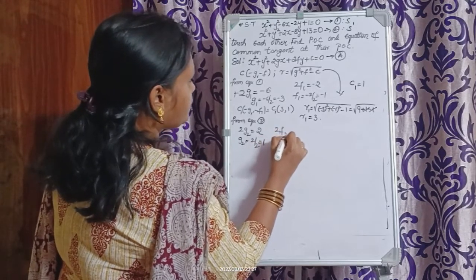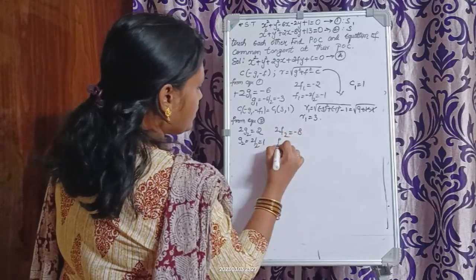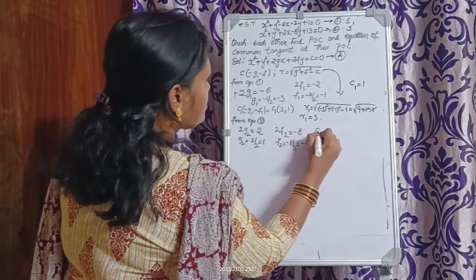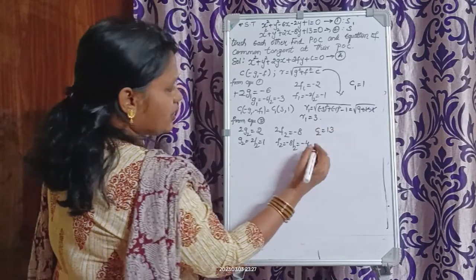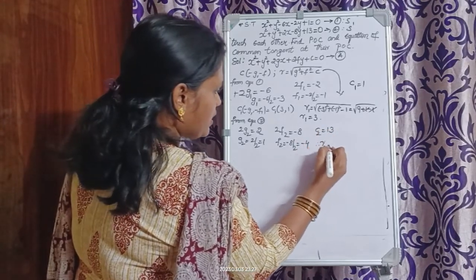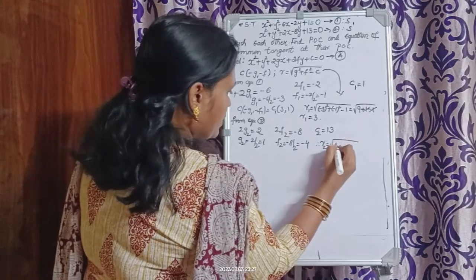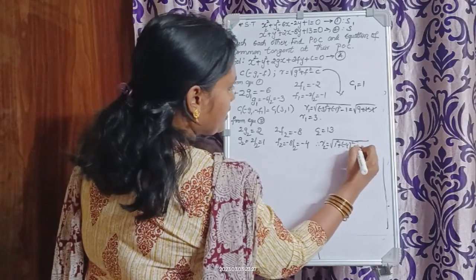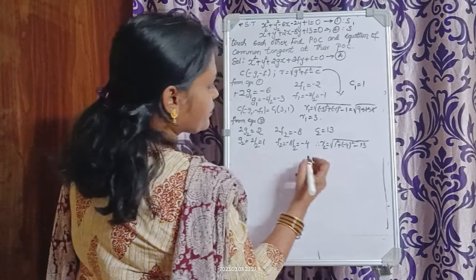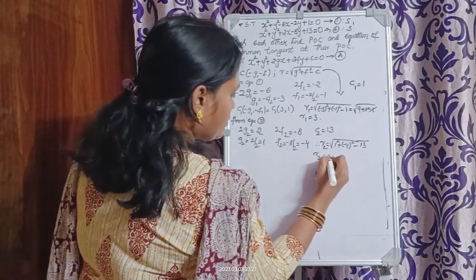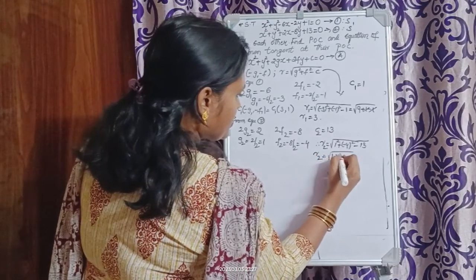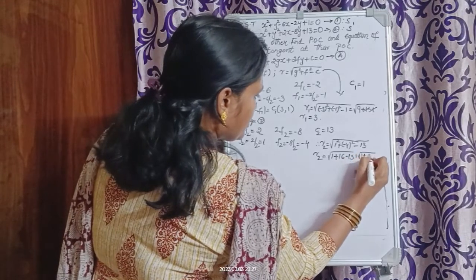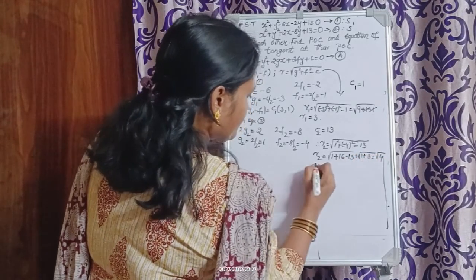And 2f2 is equal to minus 8, or f2 is equal to minus 8 by 2, which is minus 4, and c2 is 13. Therefore, R2 is square root of g square, which is 1 square, plus f square, which is minus 4 square, minus c2, right? Therefore, R2 is equal to square root of 1 plus 16 minus 13, which is square root of 4, which is 2.